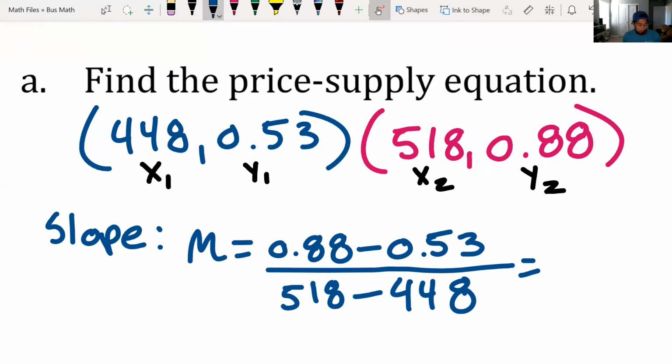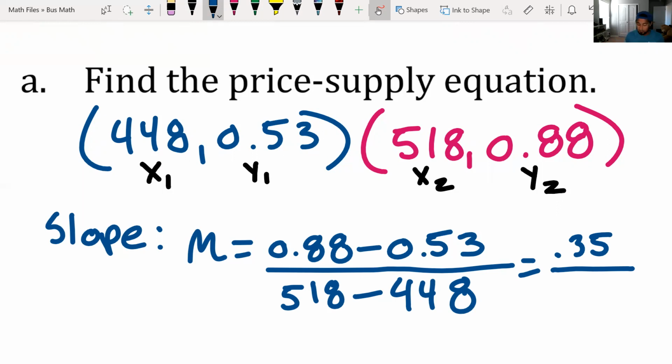All right. Now, 0.88 minus 0.53 is 0.35.